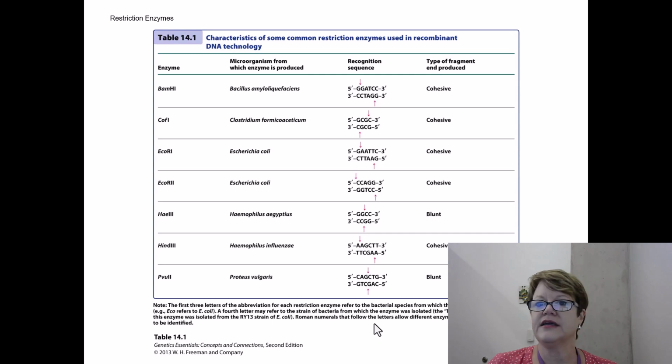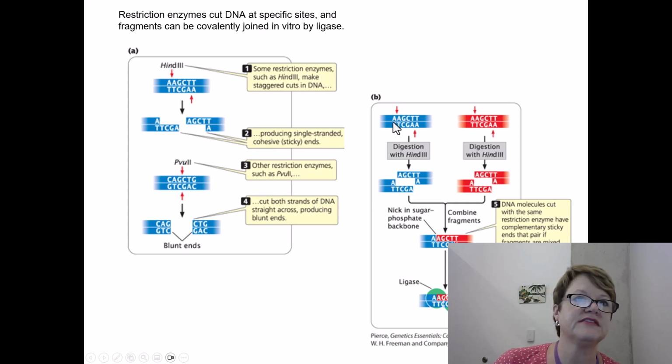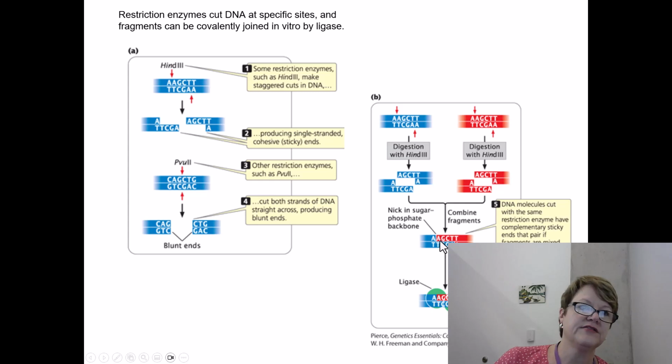And so by combining, I'll show you on the next slide, by combining DNA, let's say you cut DNA, let's say maybe this blue DNA represents just a section of a bacterial chromosome, and then you cut DNA from a human with the same enzyme. Then when you mix them together in a test tube and you add ligase, it will seal the bonds and you can connect them together.